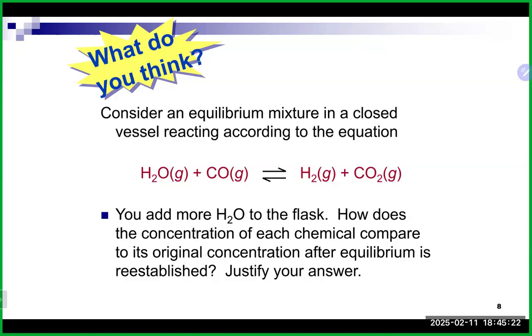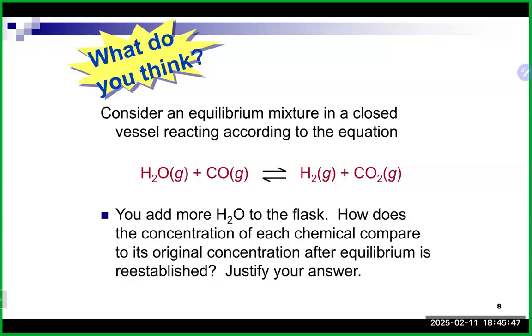We'll actually talk about, there's a calculation that you can do, as we'll talk about a little bit later on in this chapter. First off, it will tell you if the system is at equilibrium, based on the concentrations that you have. And secondly, if it's not at equilibrium, it will tell you which way it needs to go to reach equilibrium.